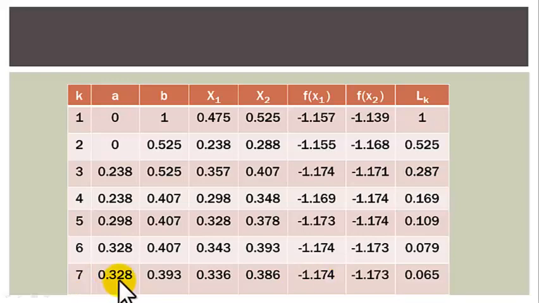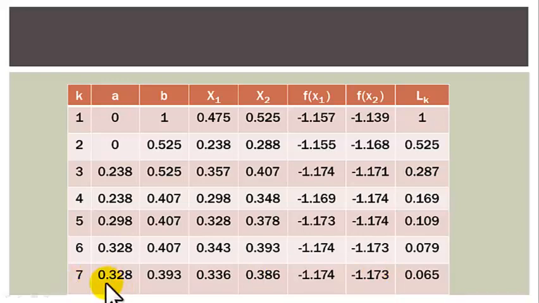Here a is 0.328, and our x2 is 0.393. This figure is less than this, so our next interval of uncertainty will be from a to x2.